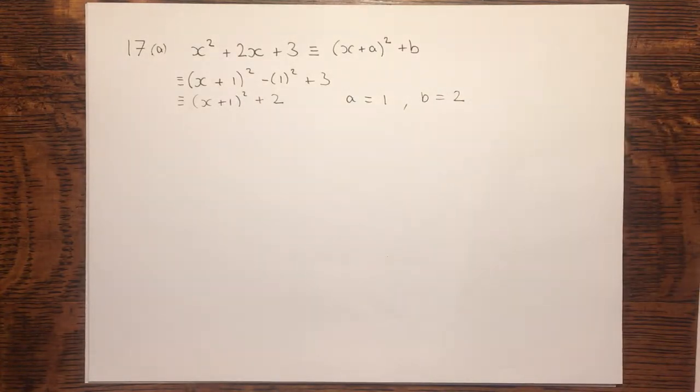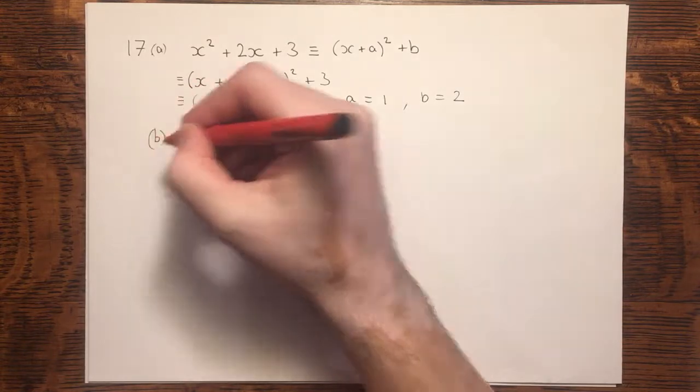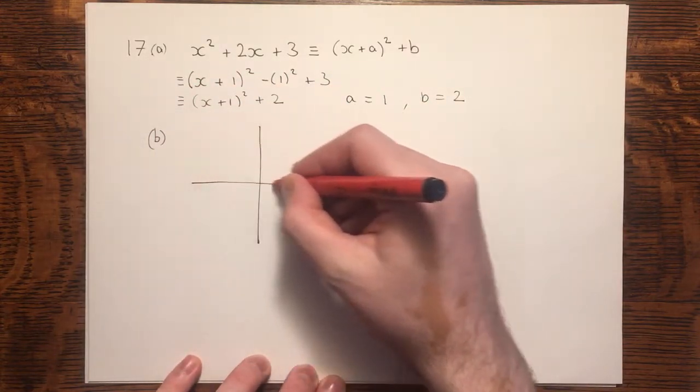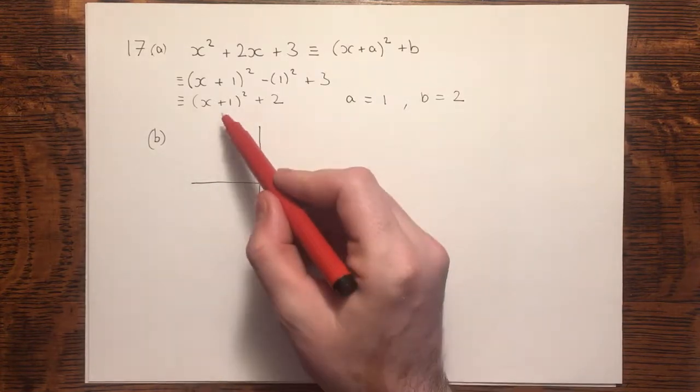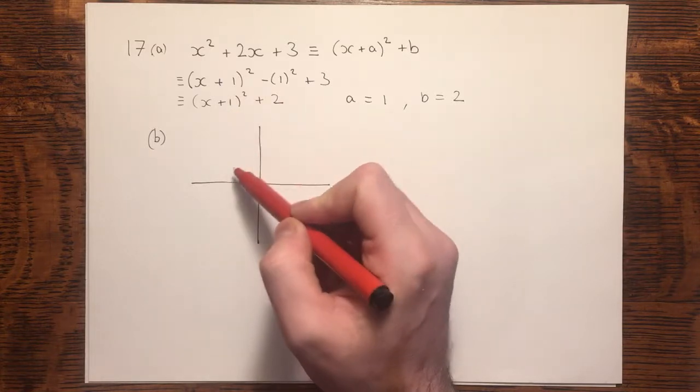In part B, we're asked to sketch the graph indicating the coordinates of any intersections with the axes. From this, I know that the minimum point will be at minus 1, 2 in this quadrant.